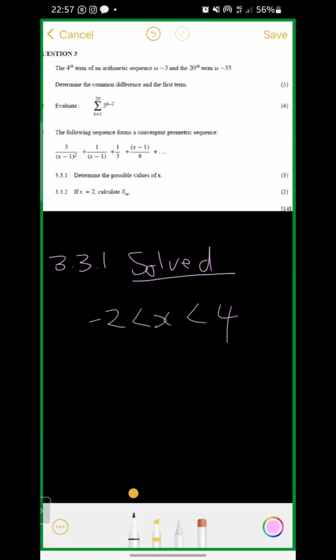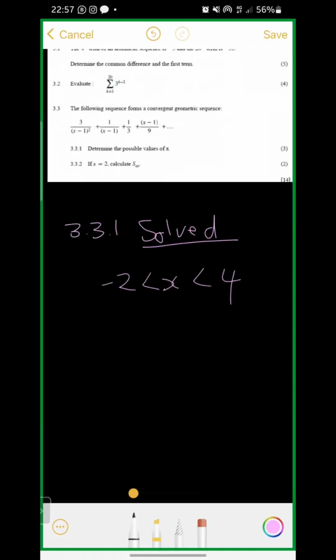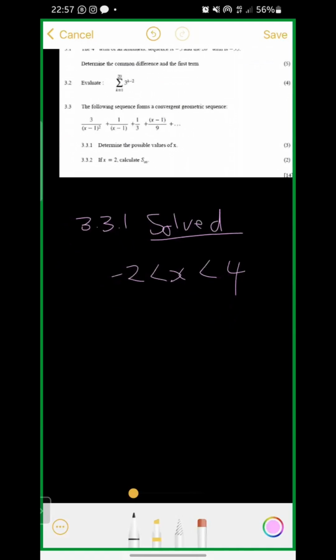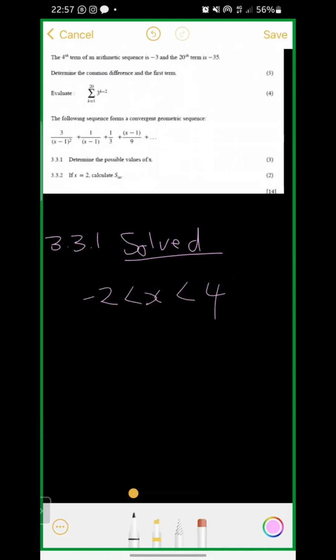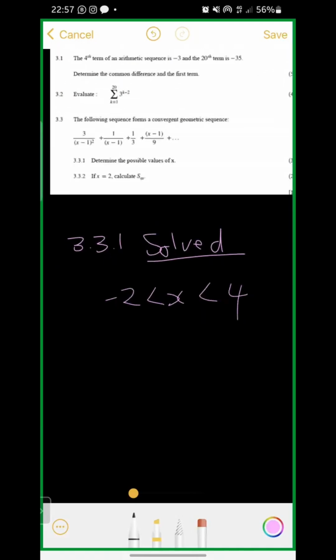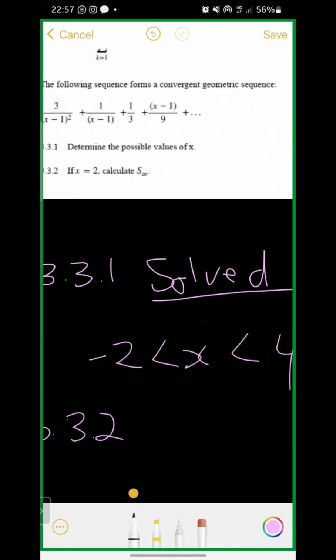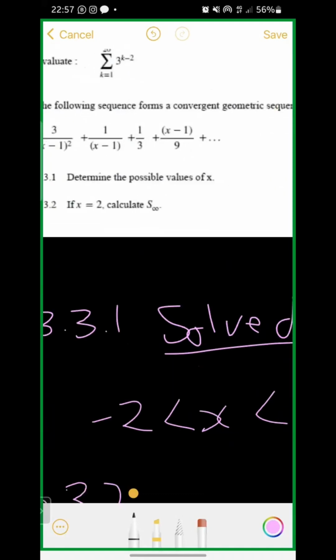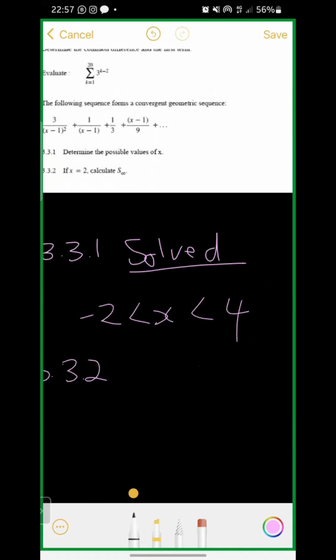Okay, this is what we have here, and I hope everybody is on the same page. Let's resume to 3.3.2. They say if x is equal to 2, calculate the sum to infinity.